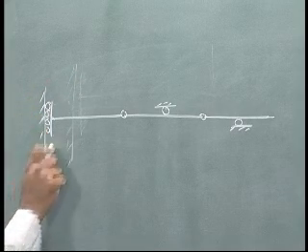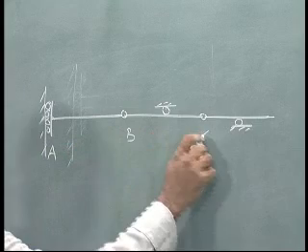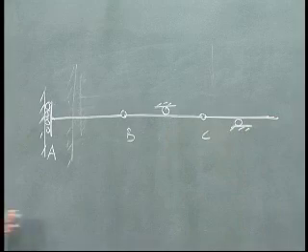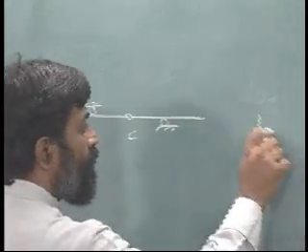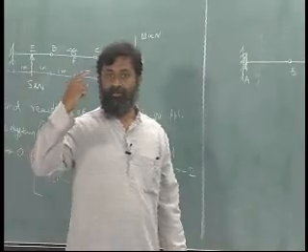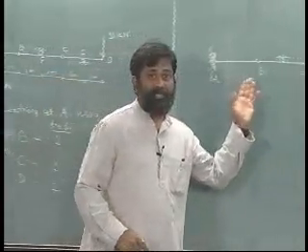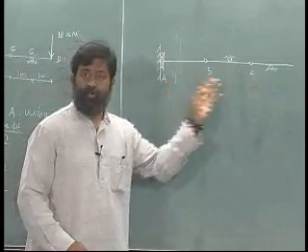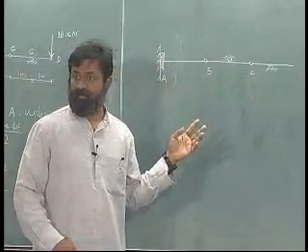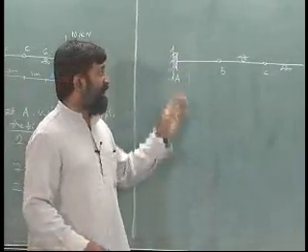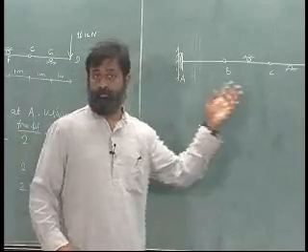Okay, this is at A. Okay. How many degrees of freedom does it have? DOF equals 1, which means if I specify one displacement, vertical displacement or rotation at any one of these points, I can find out the virtual displacement at any other point.